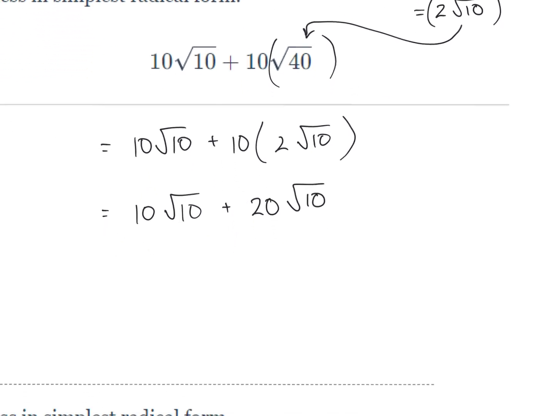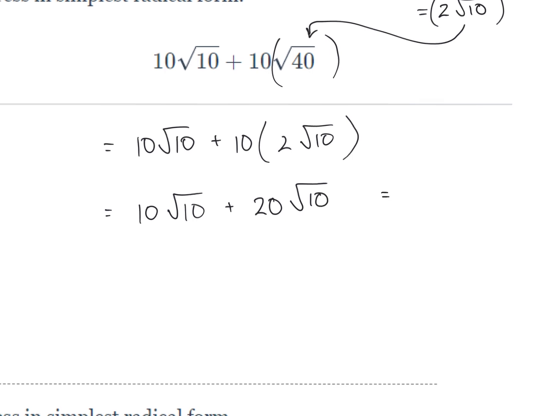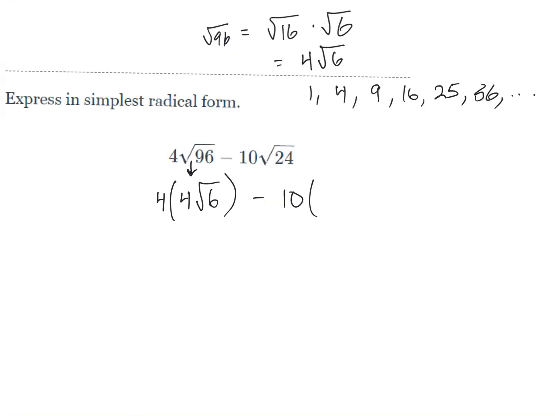See? Now we can write our final answer as 30 square root of 10. It's cool. It's all using properties, everything's connected. It's not like everything's a new song and dance. It's all connected.